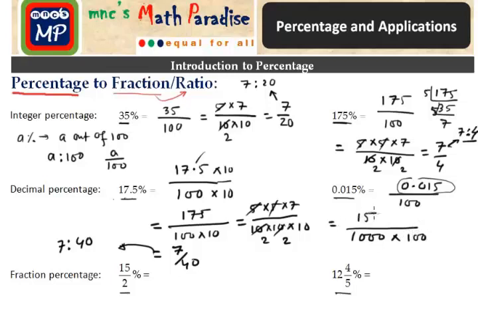So now if we cancel 5 from here and 5 from here, we will get 20. So we will be getting on the top 3, on the bottom 20 times 1000, it will be 20,000. If we write it as a ratio, it will be 3 ratio 20,000.